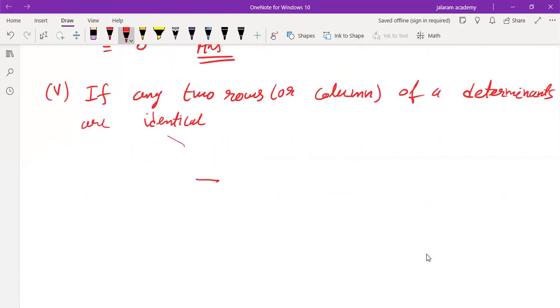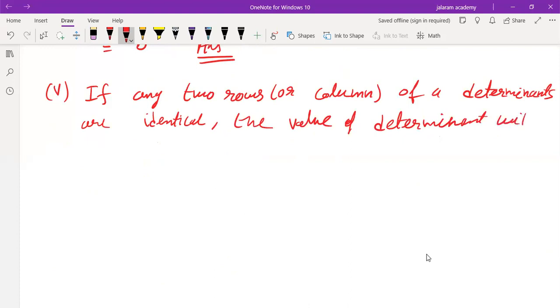Okay. If any two rows or columns of a determinant are identical, the value of determinant will be 0.